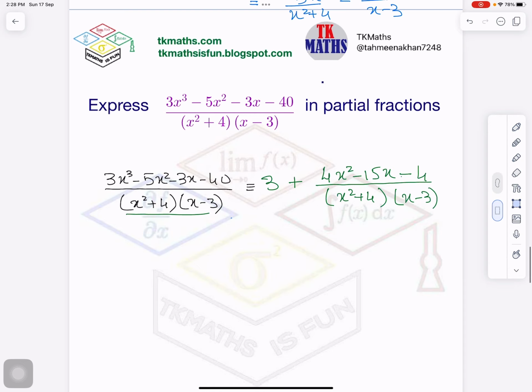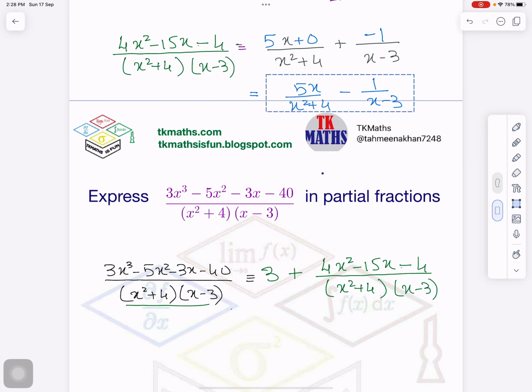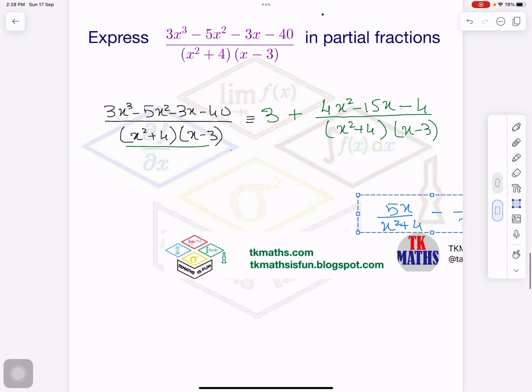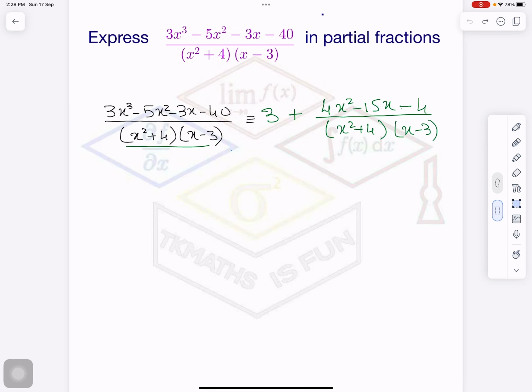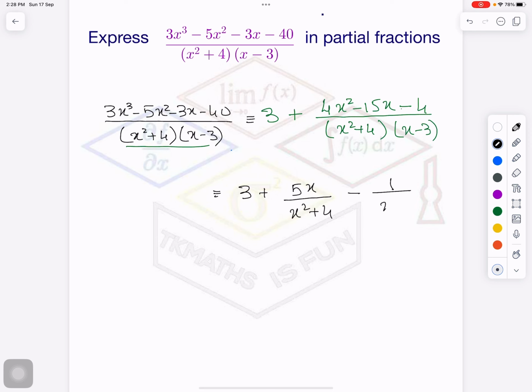Now this one I will replace by what? This part. Oops, sorry. Let me write it down because it is taking into part the other part also. Okay, so 3 plus 5x upon x square plus 4 minus 1 upon x minus 3.